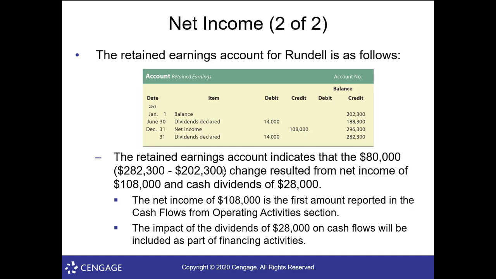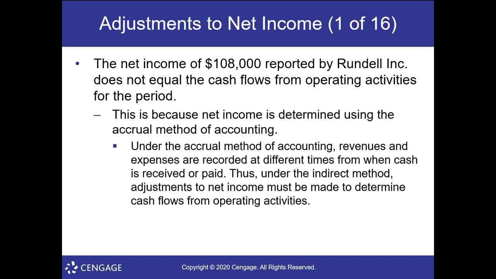You can see that from the retained earnings statement. It indicated an $80,000 net change in the year, and that was net income of the 108 less the dividends that were declared on two separate occasions, June 30th and December 31st, totaling $28,000.